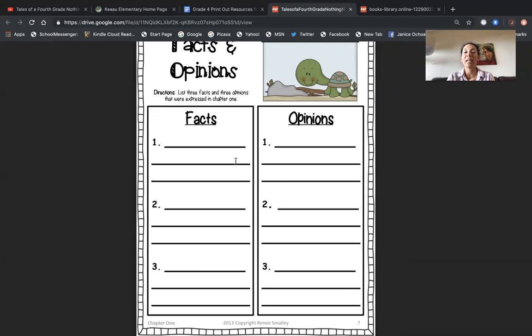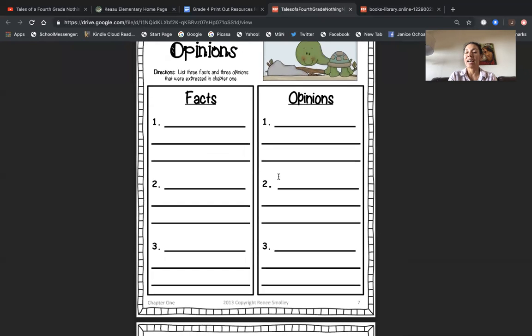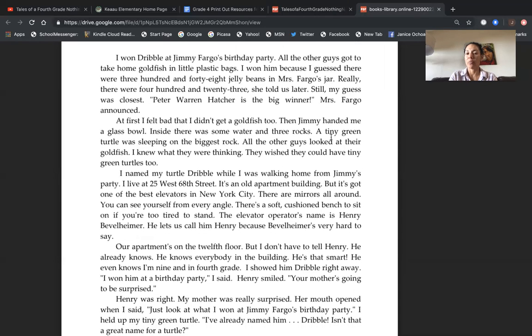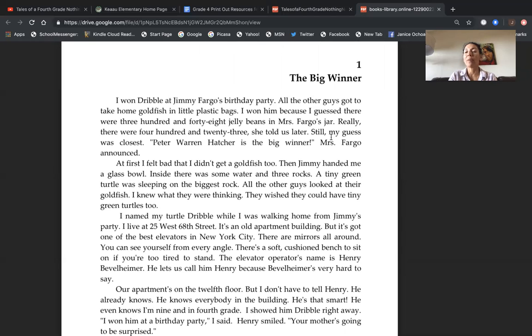Now, when we think about opinions, what you need to do is write some opinions that you heard or read about in the book. What are some opinions that were in the book? So opinions are not necessarily true all the time, but a lot of times they're how people feel about something.